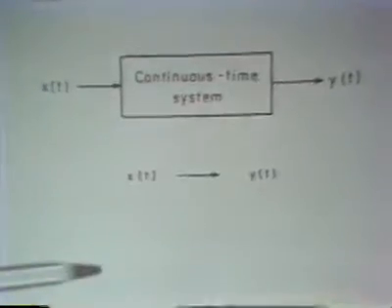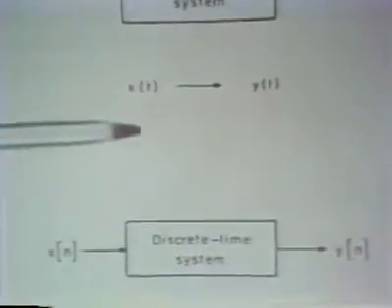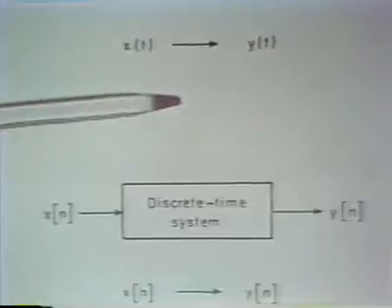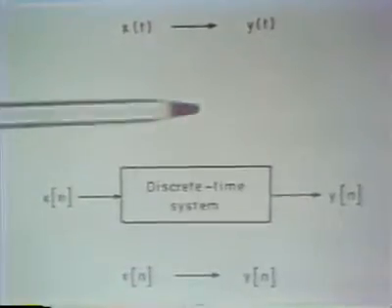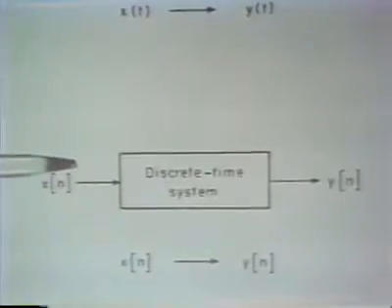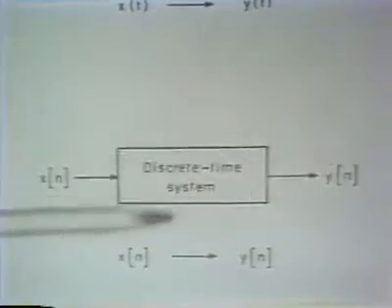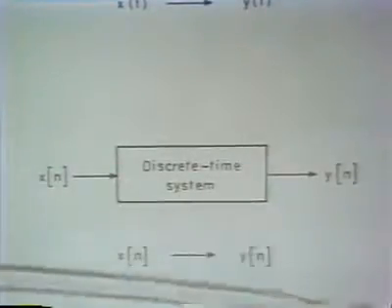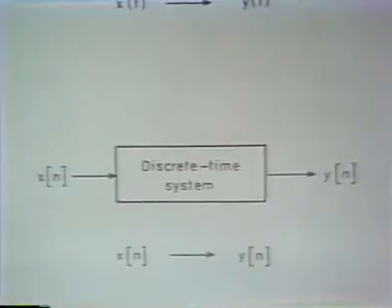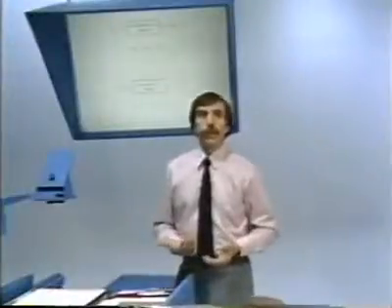Now, we have exactly the same kind of definition in the discrete time case. In the discrete time case, of course, the inputs are sequences and the outputs are sequences, and our shorthand notation is similar. Often when we talk about systems, we'll want to talk about interconnections of systems, and we'll see again in later lectures that interconnections become very important and powerful.